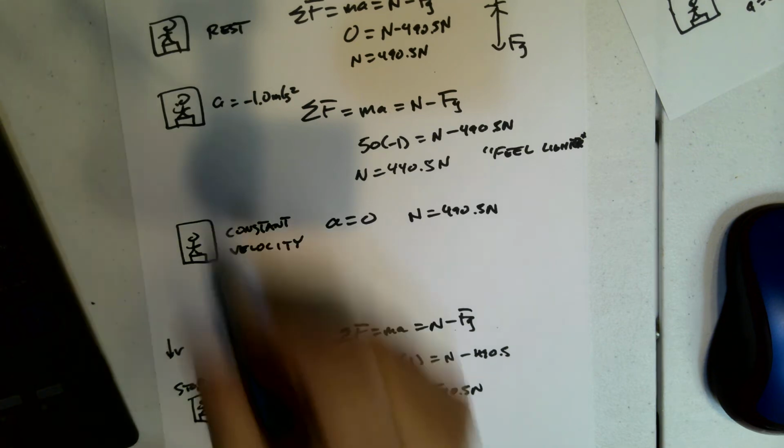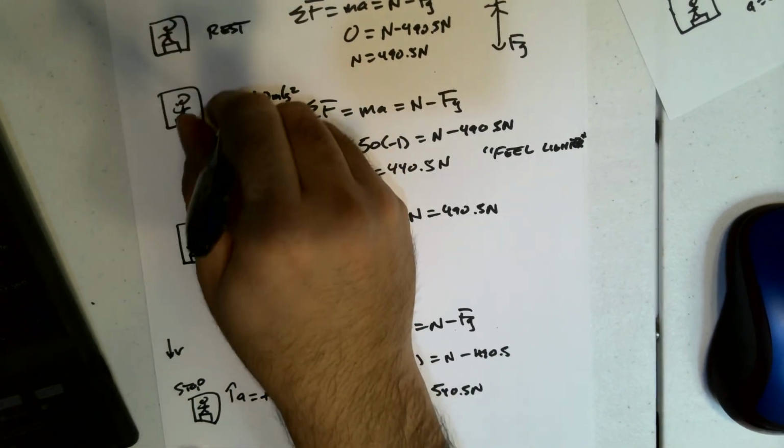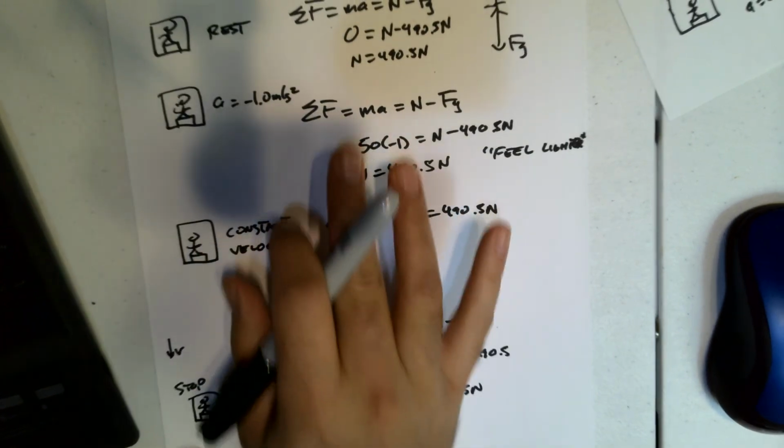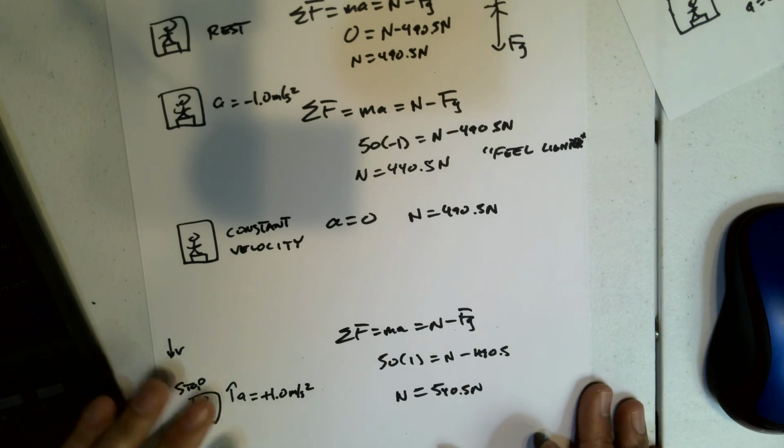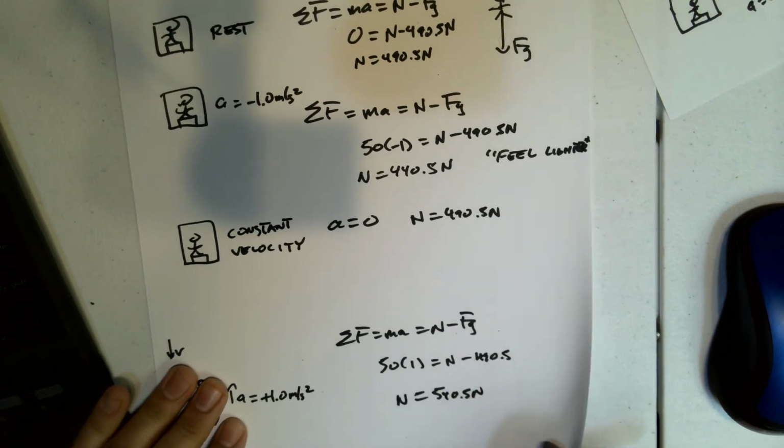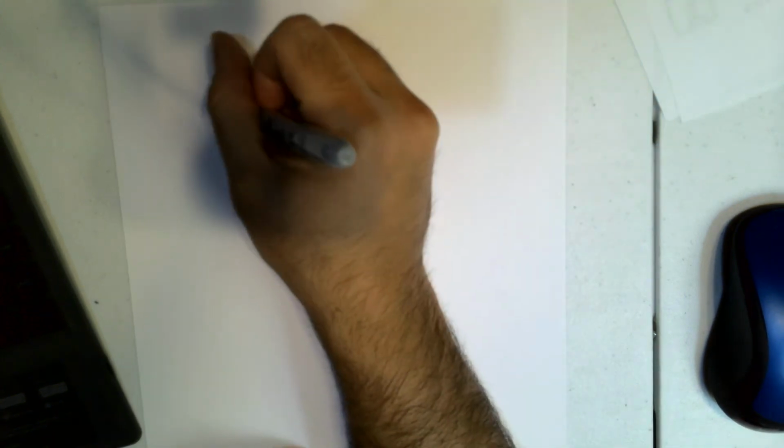And the same thing here. If your elevator got up to speed a lot faster, you would feel even lighter because your A value would be larger and it'd be affecting your normal force even more. So there's actually a limit to how fast we can accelerate down, because what we want to do is think about our elevator here.